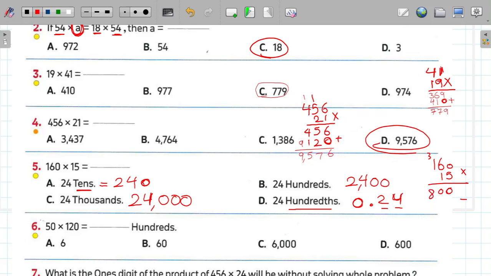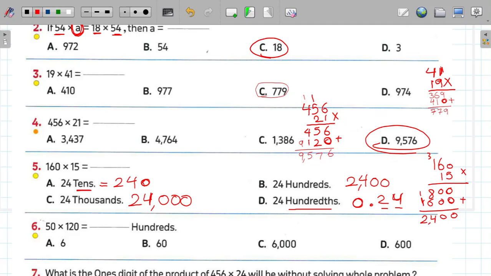Okay. Next, I would add just 1 zero and I have 1 times 0 is 0. 1 times 6 is 6. And 1 times 1 is 1. So 0 plus 0 equals 0. 0 plus 0 is 0. 8 plus 6 equals 14. So I will write 4 and carry up 1. 1 plus 1 equals 2.